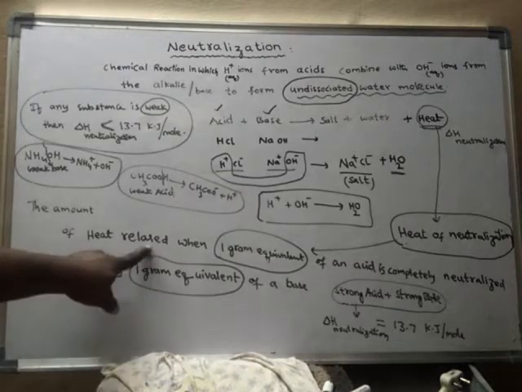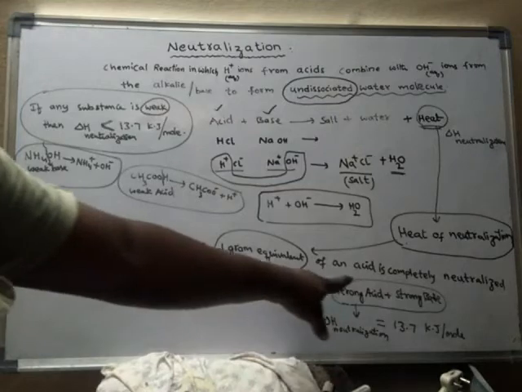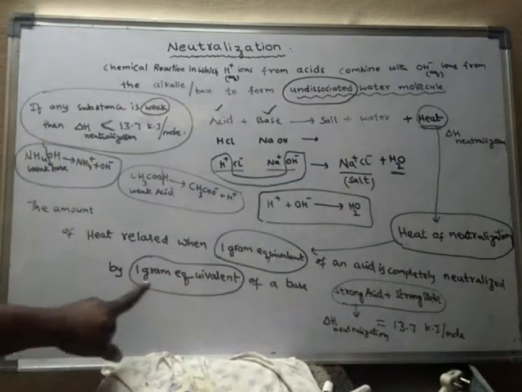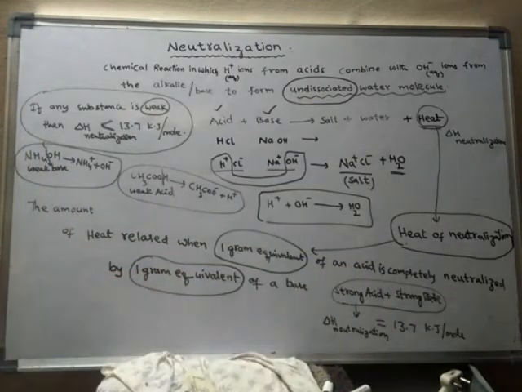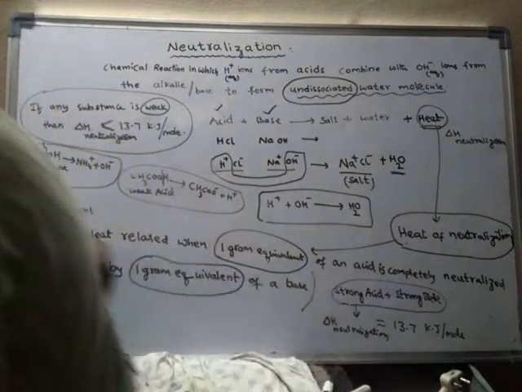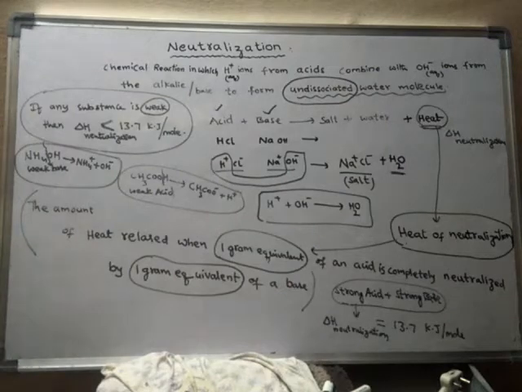The heat released when 1 gram equivalent of an acid is completely neutralized by 1 gram equivalent of a base during the neutralization reaction, the heat energy released, is said to be heat of neutralization.